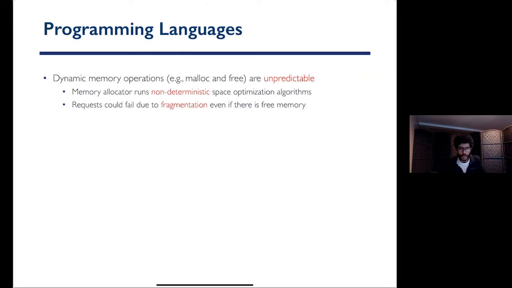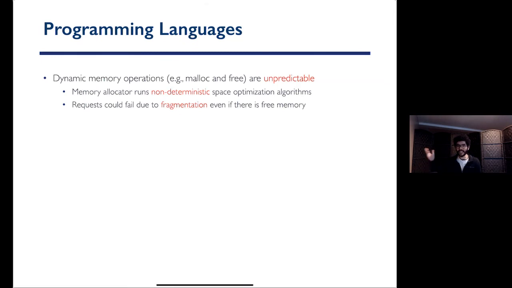The other aspect of memory management is dynamic memory allocation, which is unpredictable. If you look at your implementation of first fit memory allocation, whenever you get a request, you have to search your list to find a place for this request. Now, it could well be that you find a space at the beginning of your list, or you might find a space in the middle of your list, or you might find a space at the end of your list.